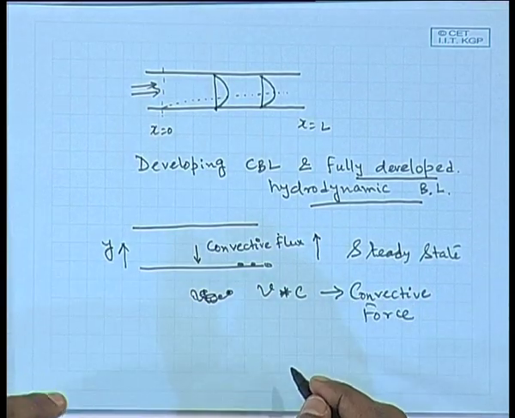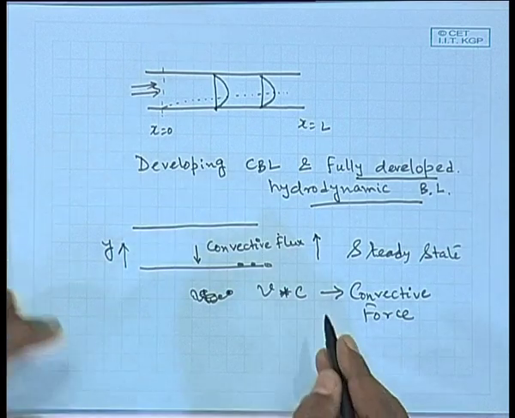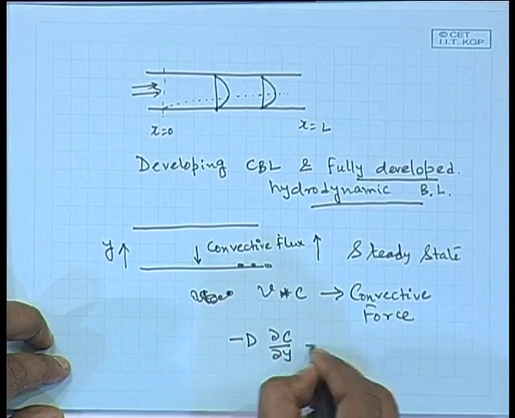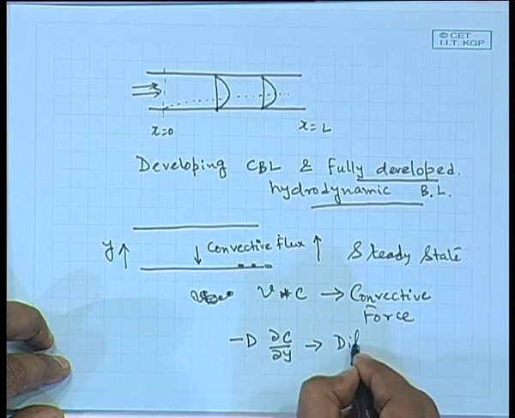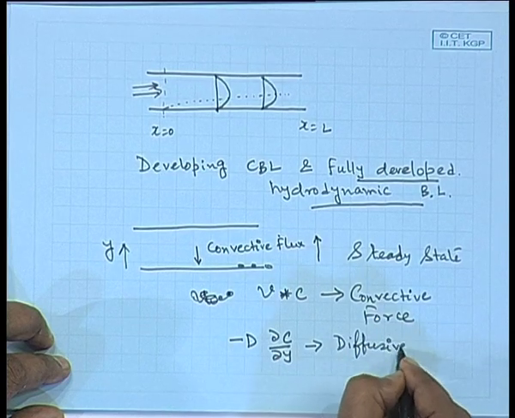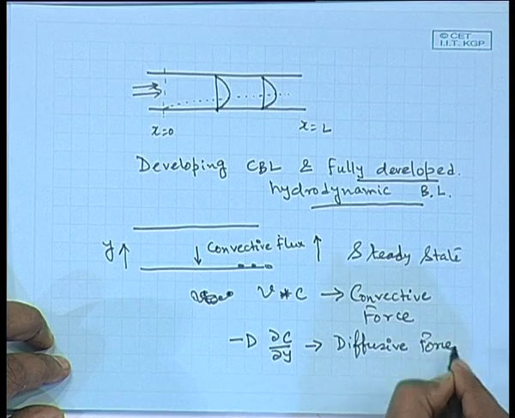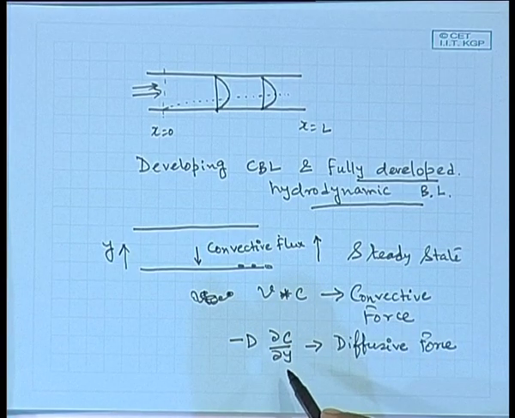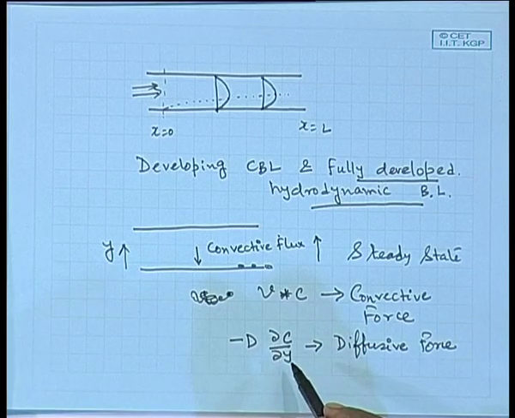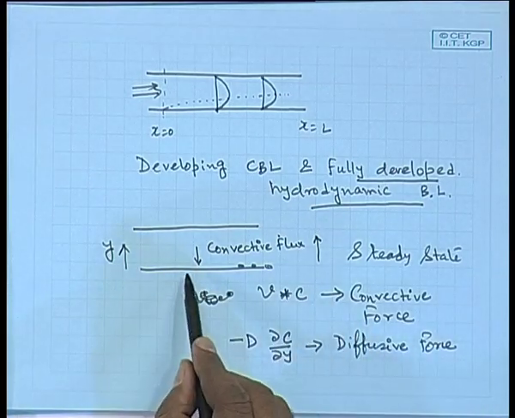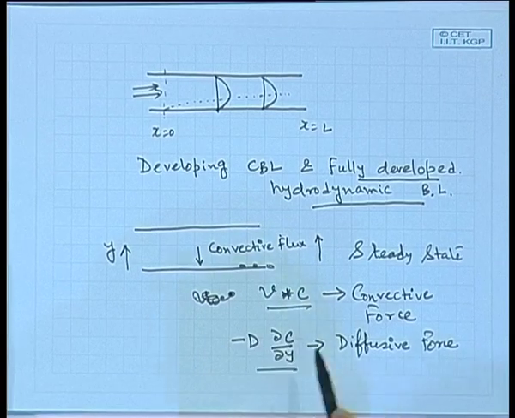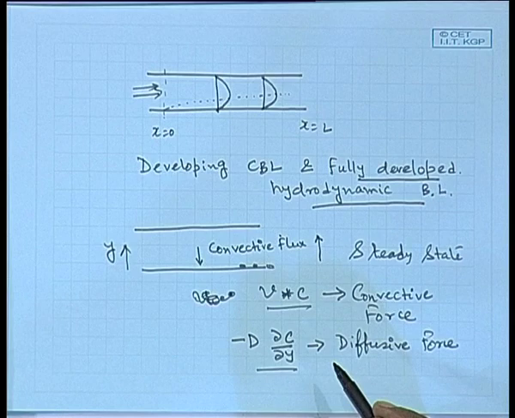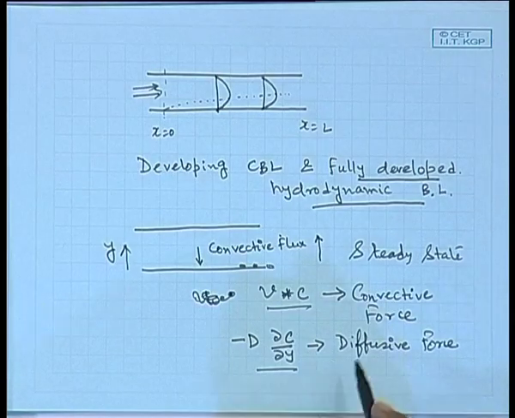At the same time, there will be a backward diffusive flux, a diffusive force, because of the concentration gradient del C del y existing in your system. Now, at the steady state, at the membrane surface, these two fluxes will be equal, and there will be a steady state existing in your system.